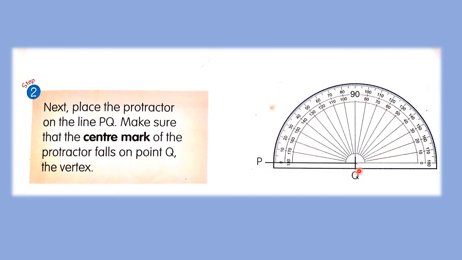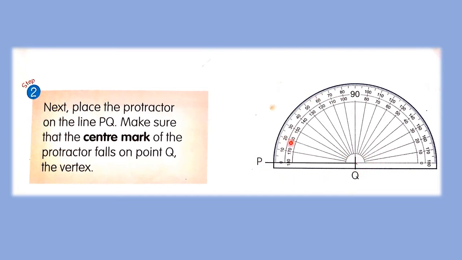On this line you have to keep the protractor. That means you have to place the protractor on the line PQ. Make sure that the center mark of the protractor falls on point Q, or else the vertex. I have explained what the vertex is and what the center mark is, right?